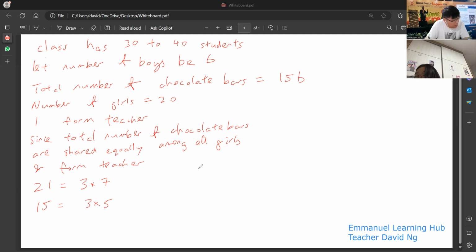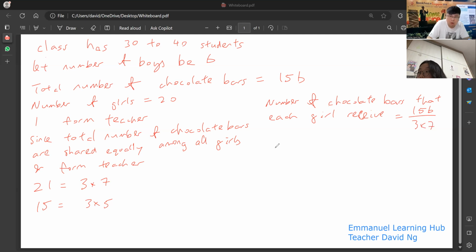Then the number of chocolate bars that each girl receives will be 15B divided by 3 times 7, or 3 times 5 times B over 3 times 7.